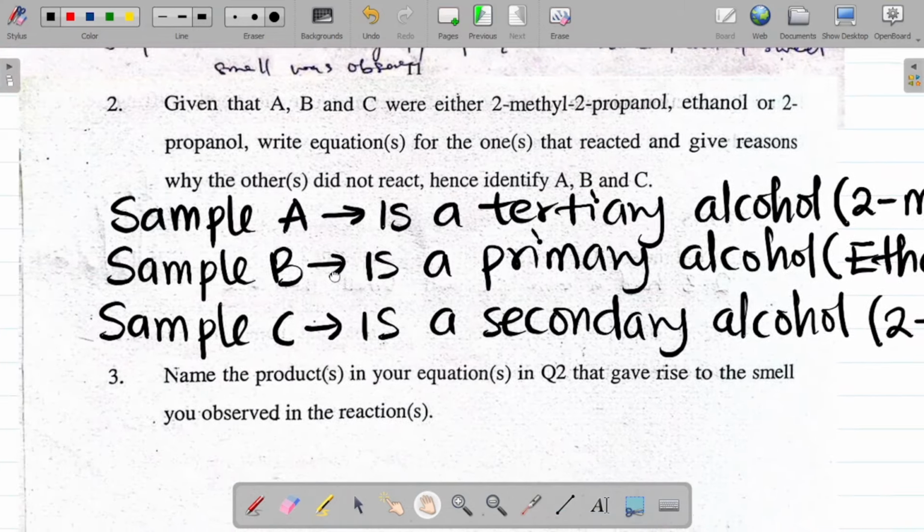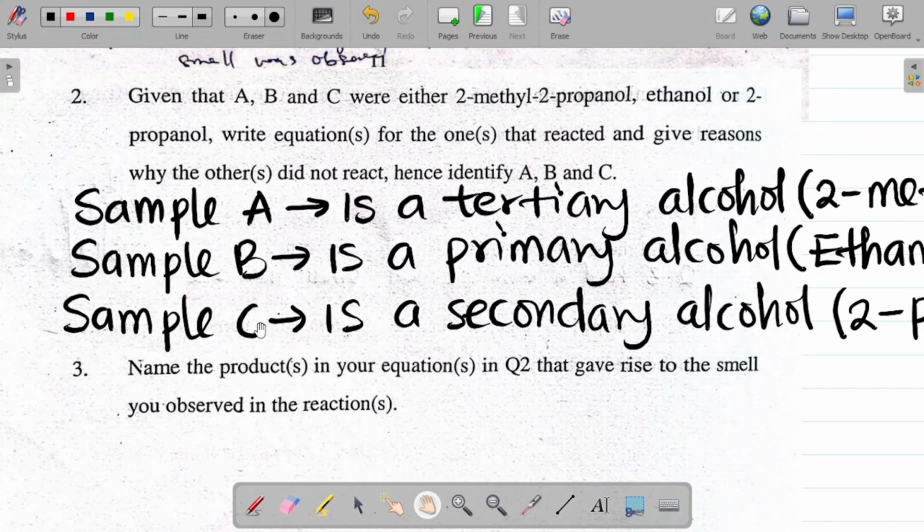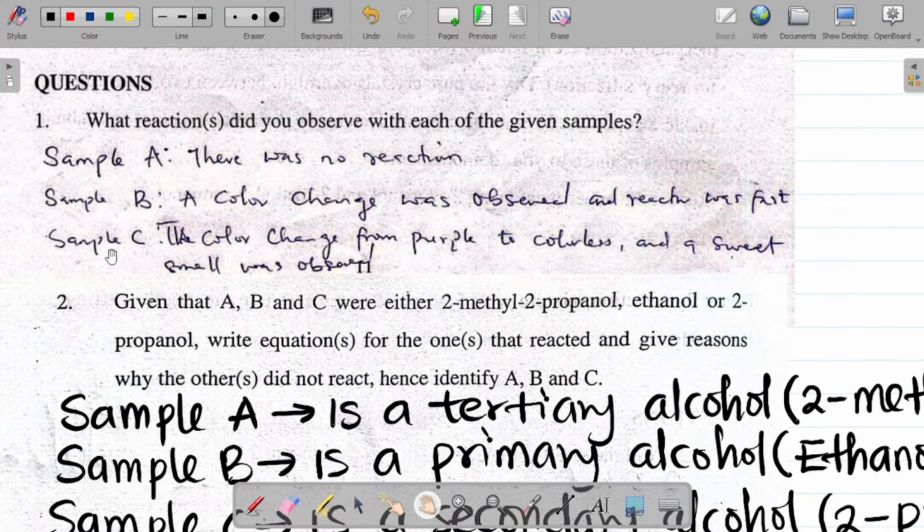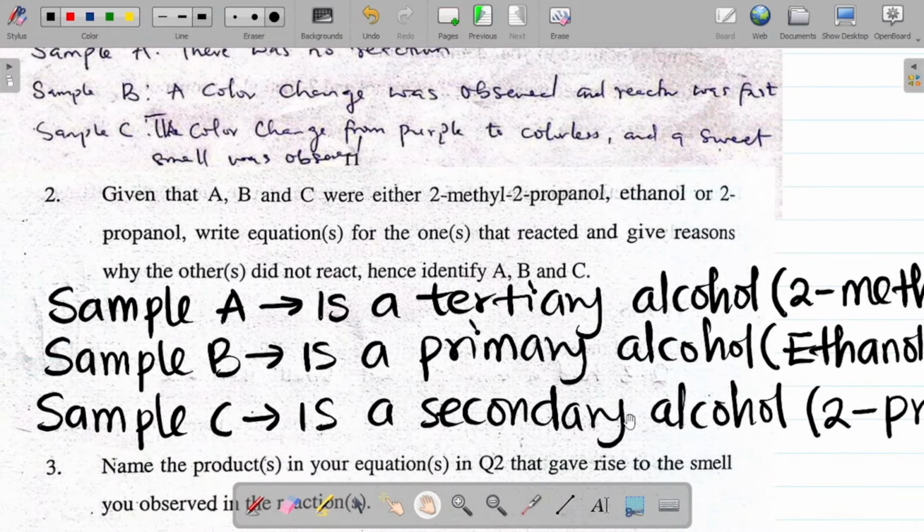For the second one, I was left with sample B and C, in which one will be primary, one will be secondary. And I knew that sample C was secondary. Why? Because when we oxidize a secondary alcohol, it gives you a ketone, and a ketone has a sweet smell. So going through my question 1 here, we said sample C had that sweet smell. So the sweet smell comes from sample C, which is the secondary alcohol.